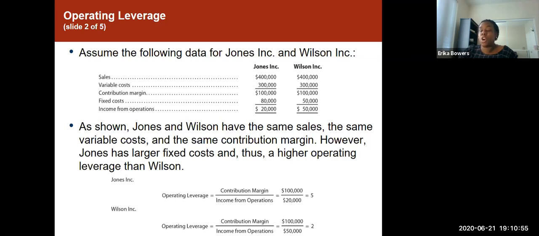And we'll see Jones has a 5 operating leverage versus Wilson, which has a 2. They both make the same amount of money, but because the fixed cost is higher for Jones, they have a higher operating leverage. So whenever they add more money to their sales, it's going to have a bigger impact to their bottom line.